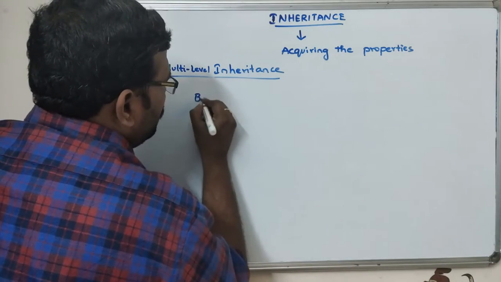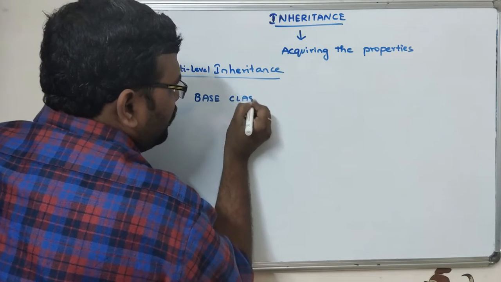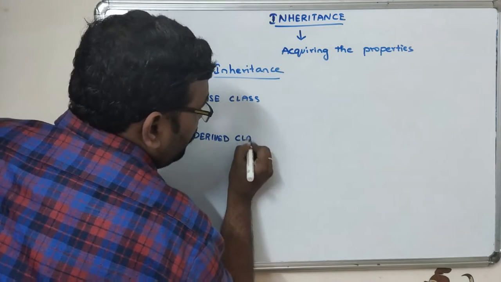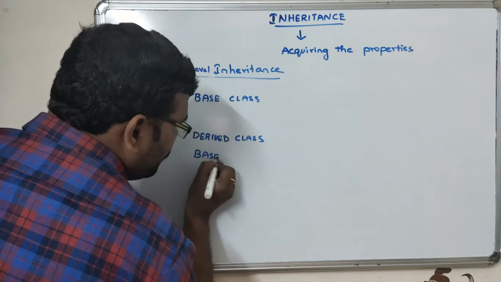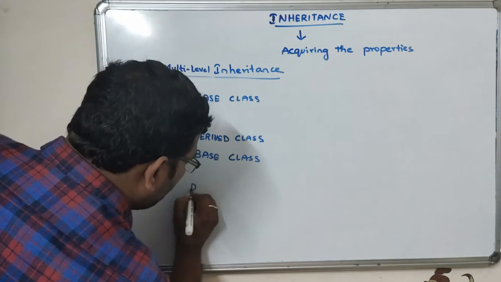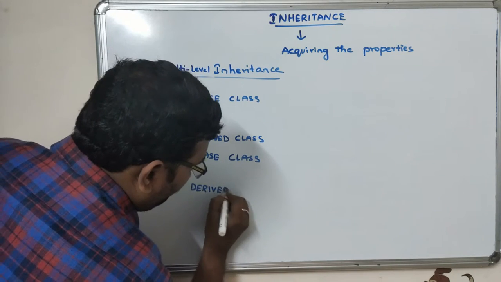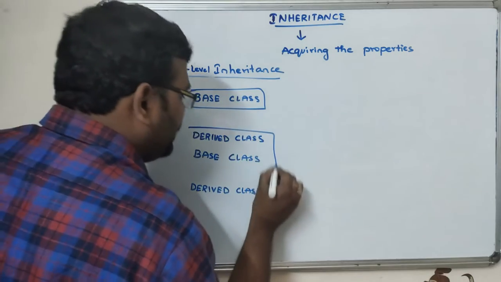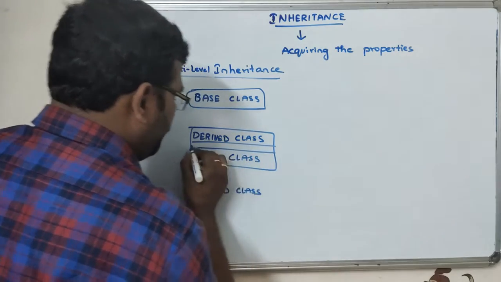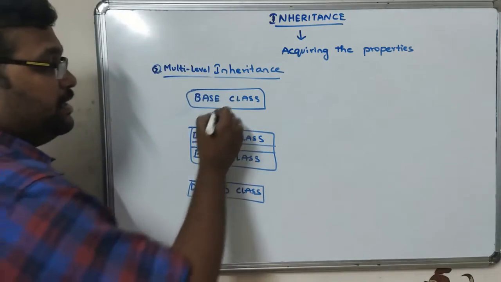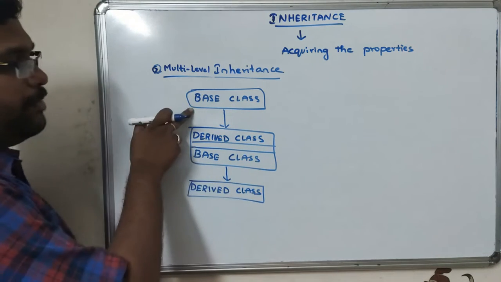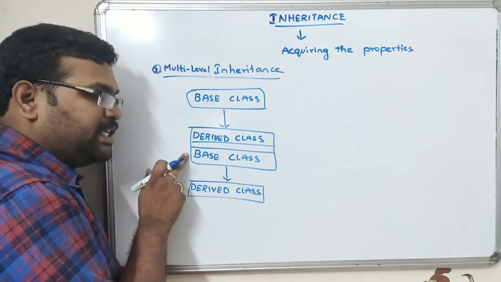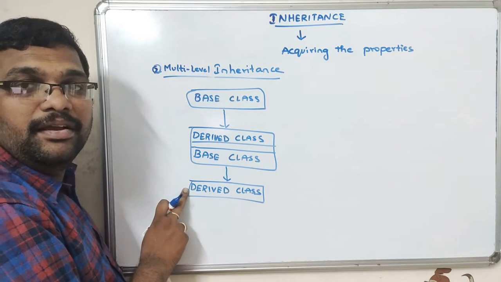So there is a base class, and from the base class a derived class is derived, that means inherited, and it will act as a base class, and again one more derived class will be created. So this is the base class, this is the derived class, and this is again a derived class.